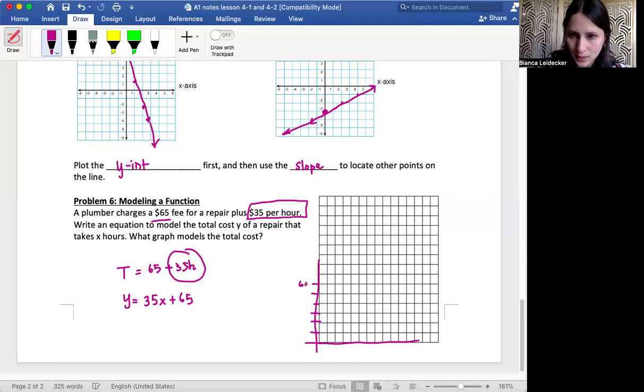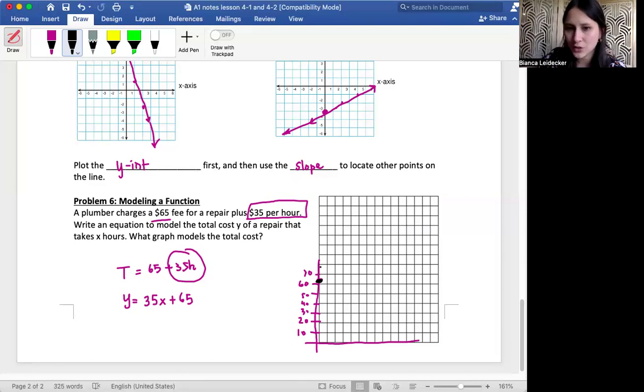So I'm counting it by tens. And this would be 70. So my y-intercept is going to be right here. I'm going to use a different color here. So here's my y-intercept. And then it goes up 35 per hour.